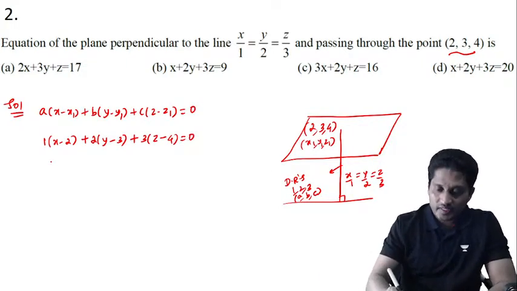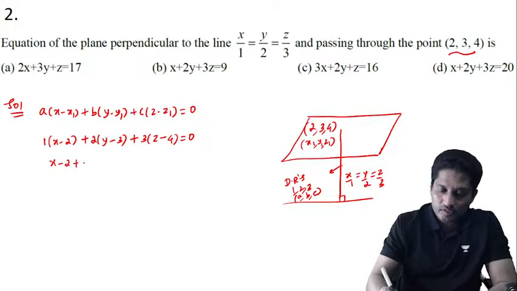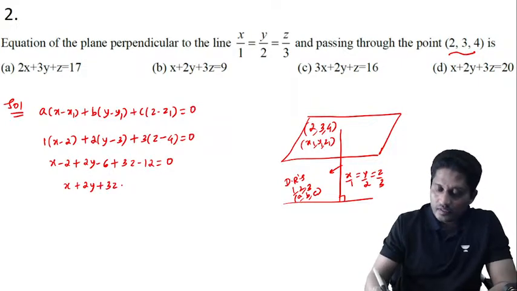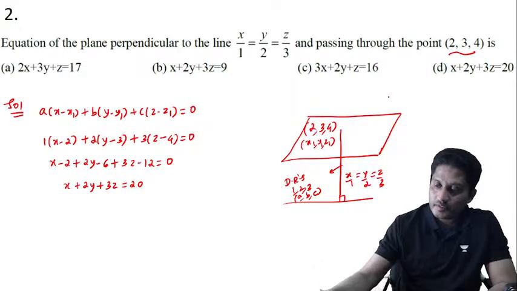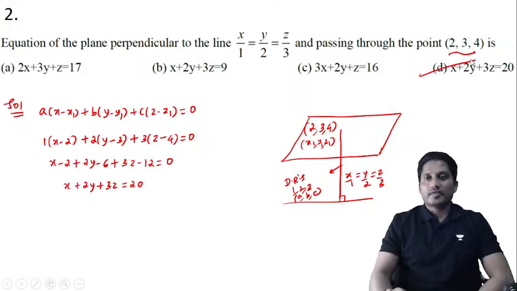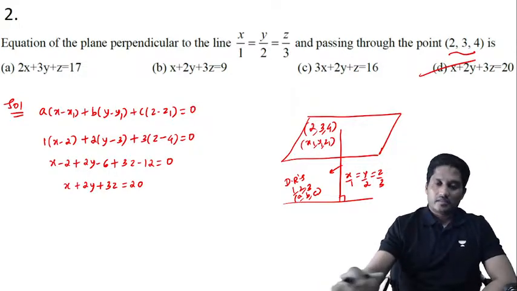Right, now if I multiply, this is x minus 2 plus 2y minus 6 plus 3z minus 12 is equal to 0. Isn't it, guys? This plane will be x plus 2y plus 3z is equal to 20. That's the last option.